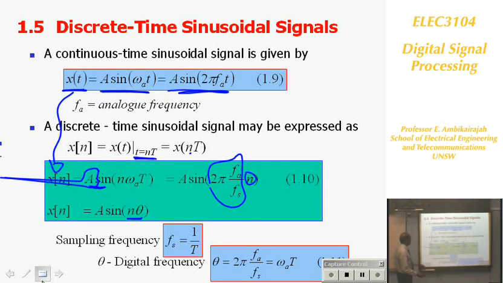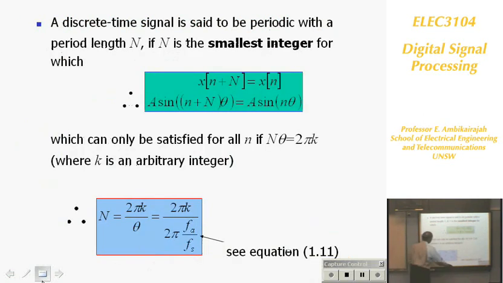If you want to plot a digital sine waveform, you first calculate theta, which is equal to 2 pi times the analog frequency over the sampling frequency.